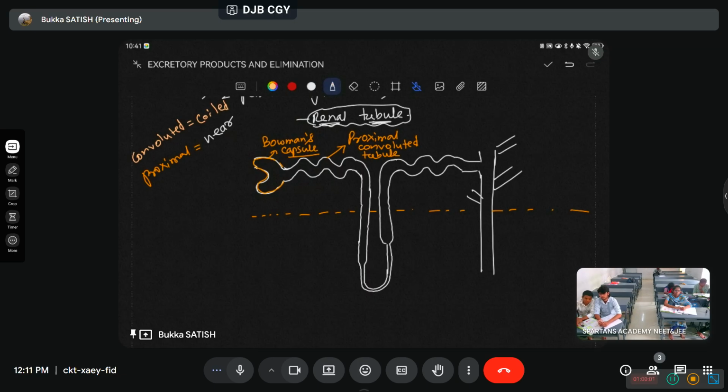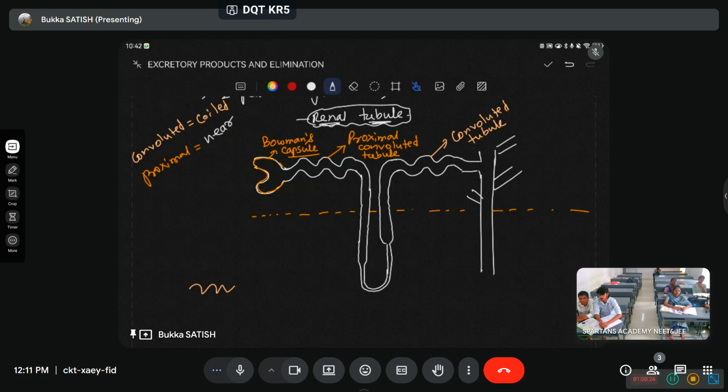Tarun, following? Now, this part is highly convoluted. That's why the name convoluted tubule. Proximal because, see, this is also a convoluted tubule. There are two convoluted tubules.